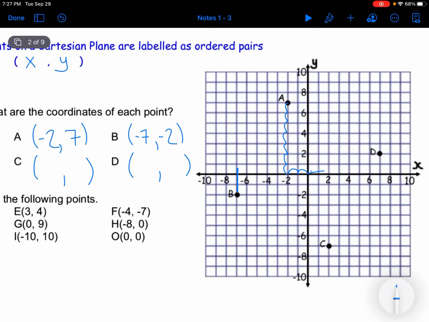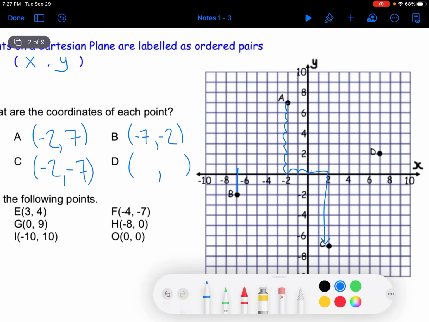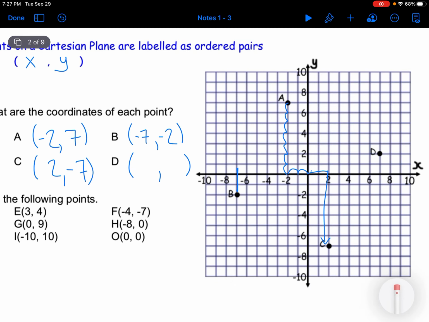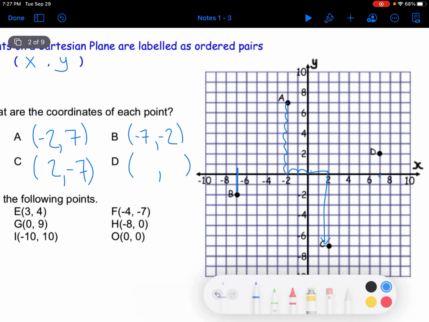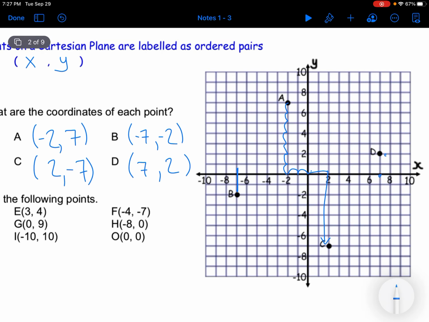C went over 2, down 7, and I'm trying a different way of looking at each of these. Oh, it's +2, sorry. You're doing the same thing. And then finally D, we've gone over 7, we've gone up 2, so this is 7, 2.